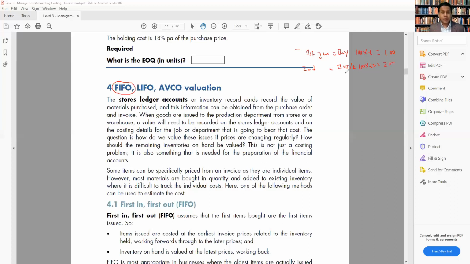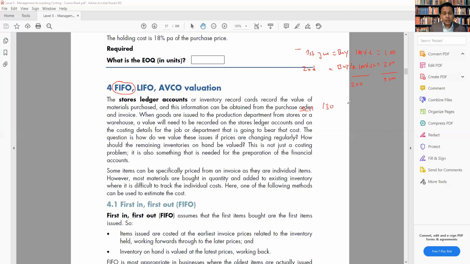So now the total quantity of the inventory, how many units do we have? 100 plus 100, that is 200. And how much is the total value? 300. Now let's say I want to sell 150 units.